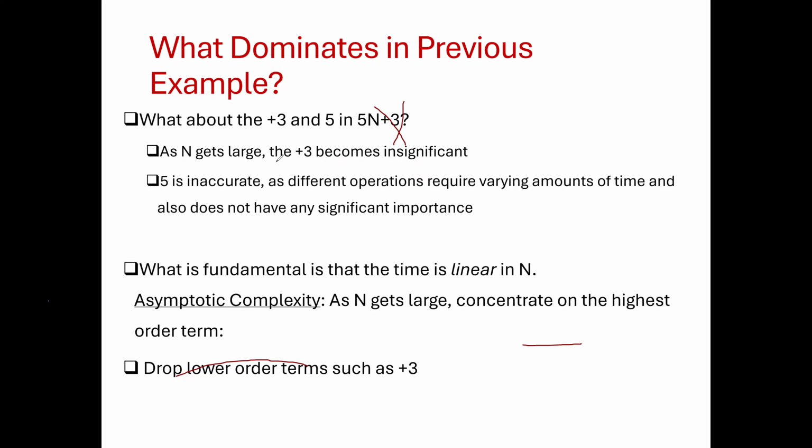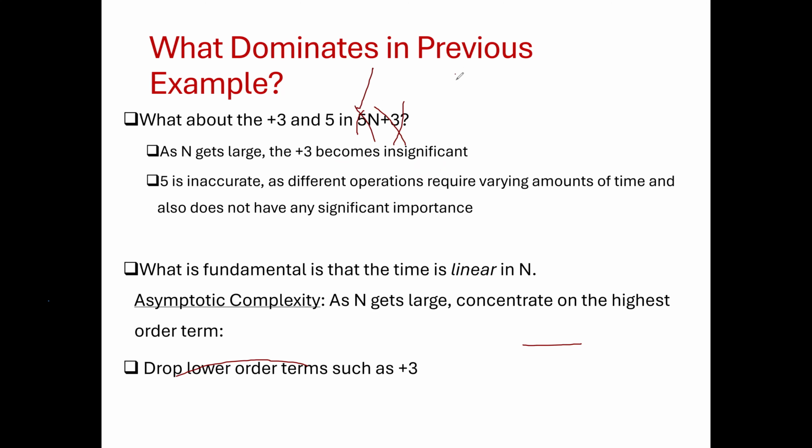And as n also gets large, the 5 also becomes inaccurate. The 5 times n here, we are saying that these 5 operations will execute n times. But we are also making assumptions that all of these operations will run in the same amount of time. But it doesn't really matter.